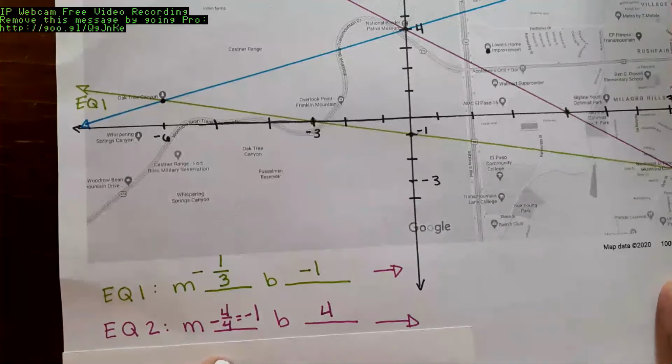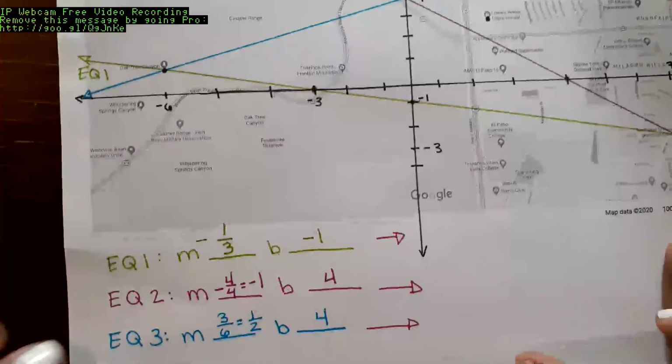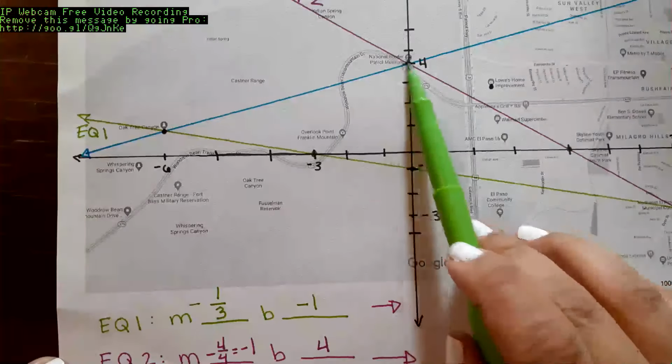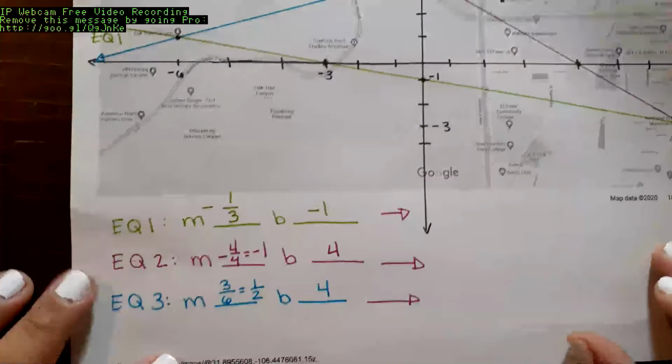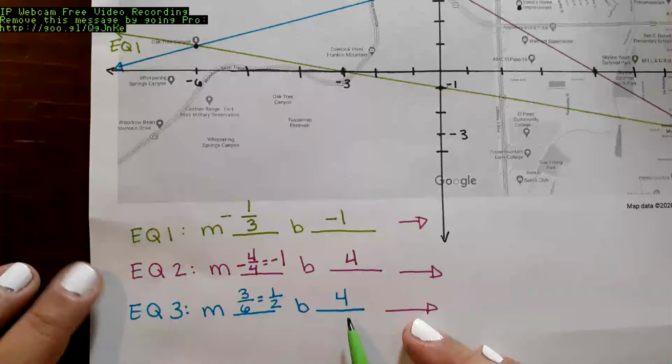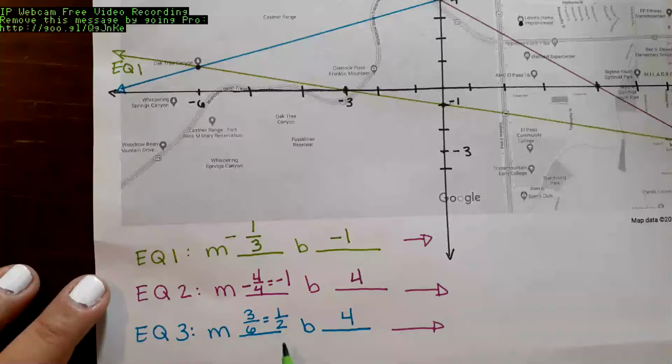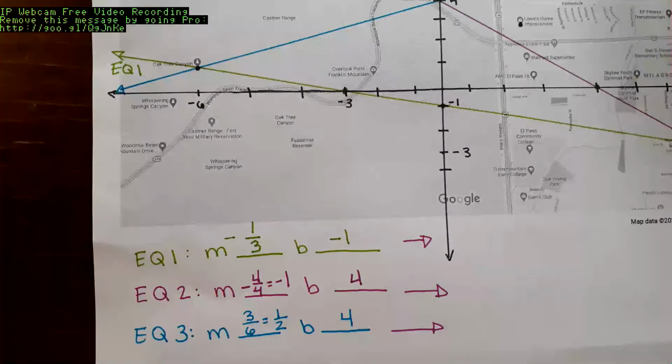So my slope is 4/4, and of course it's negative, so it ends up being -1. I did the same thing for my last line. Fortunately, they cross in the same place. So my b was 4 and my slope was 1/2.